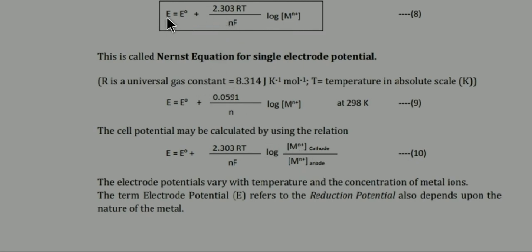So this E depends upon the temperature T and the concentration of metal ions. The term electrode potential E refers to reduction potential, and it also depends upon the nature of the metal. So this is all about the Nernst equation, which is very important.